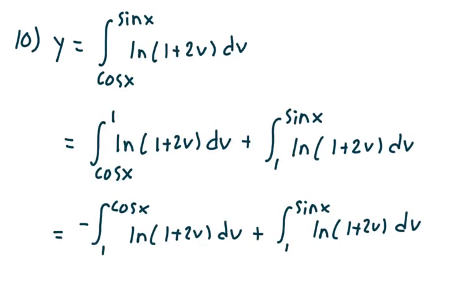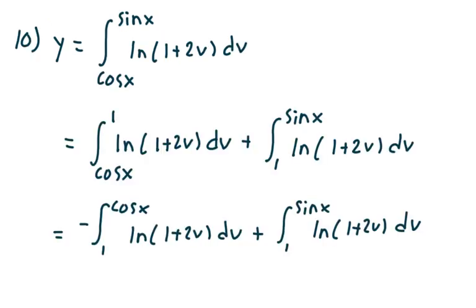Now I get to take the derivative. I want y prime. So in the first term, I'm going to replace v with cosine of x. So this is negative natural log of 1 plus 2 cosine of x, right? See? I replace v with cosine of x.